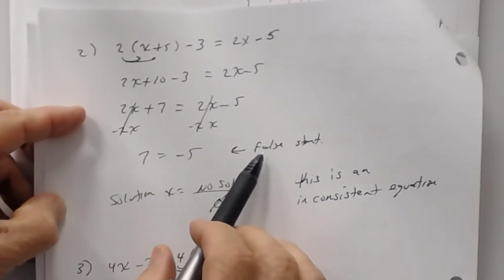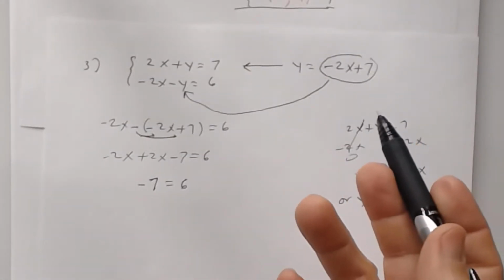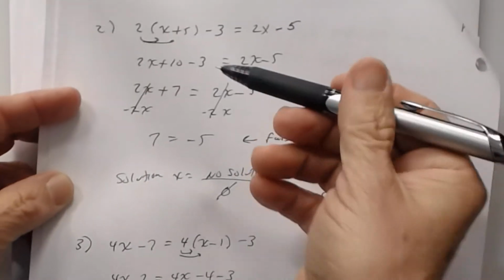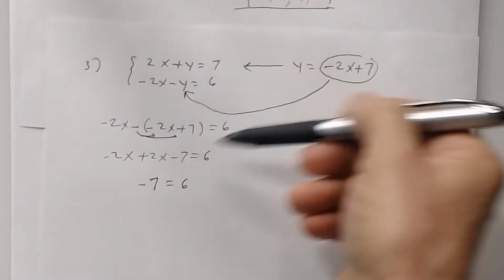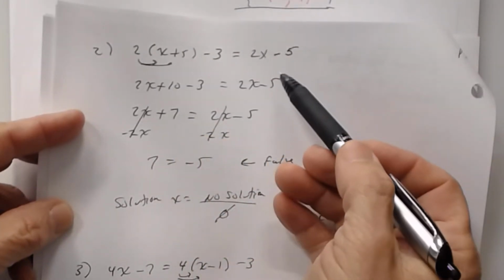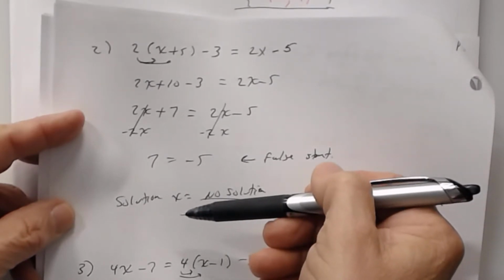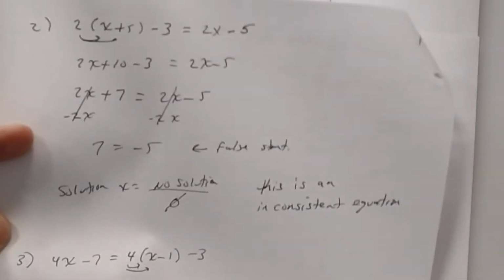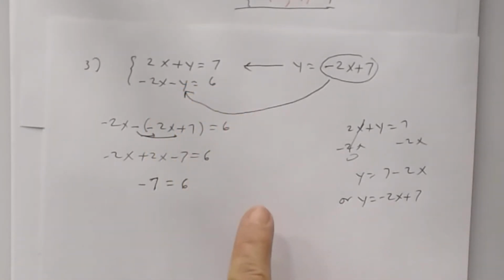And that's what we said was a false statement. So in terms of the solution, what would you say? No solution. Well, the same thing applies here, except this was a linear equation that we dealt with in that first week, and this is a system. So we said that this linear equation had no solution. Basically, those lines don't cross anywhere. So this system has no solution. Okay?